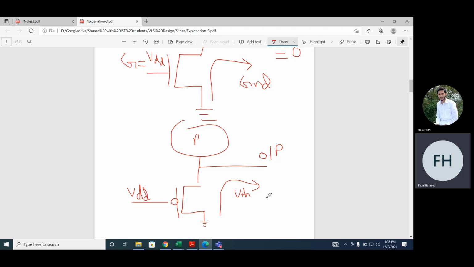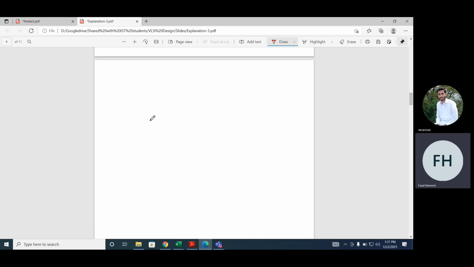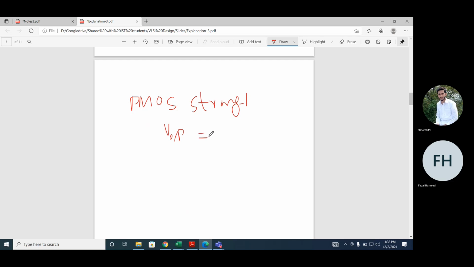So the reason we use PMOS in the pull-up network is that PMOS provides a strong 1. If PMOS provides a strong 1, the output V output will be VDD.